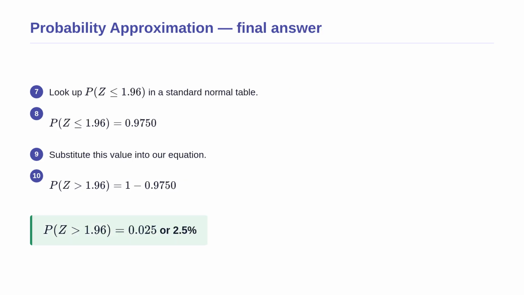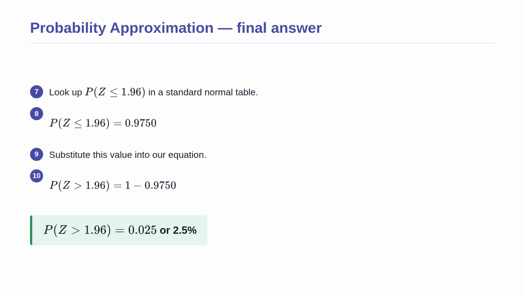Now for the final steps. We look up 1.96 in a standard normal table, which tells us that the area to the left is 0.9750. We substitute this value into our equation, giving us 1 minus 0.9750. The final probability is 0.025 or 2.5%.